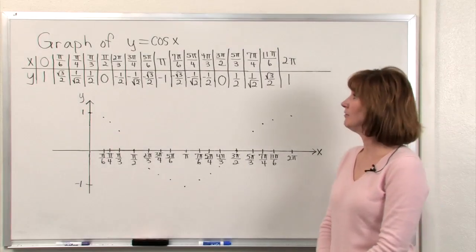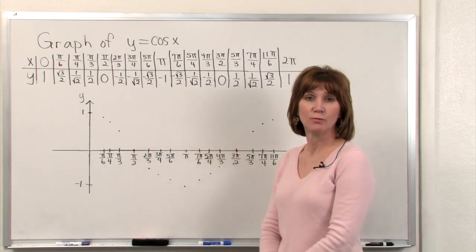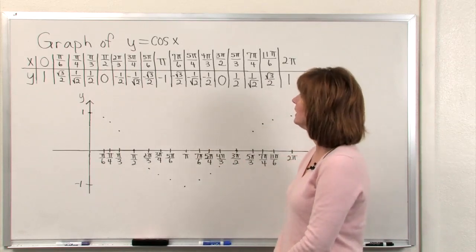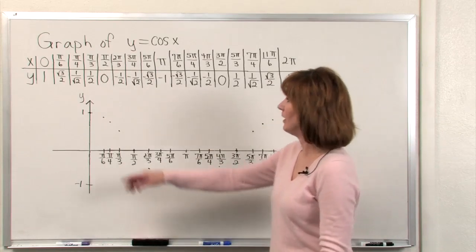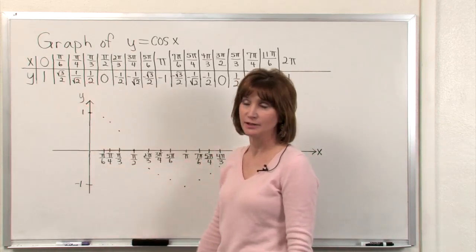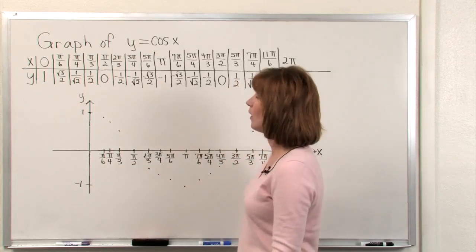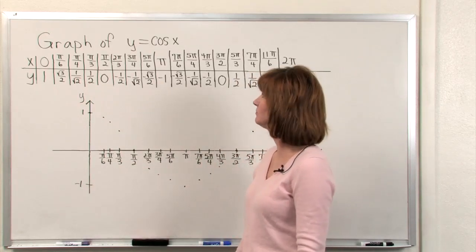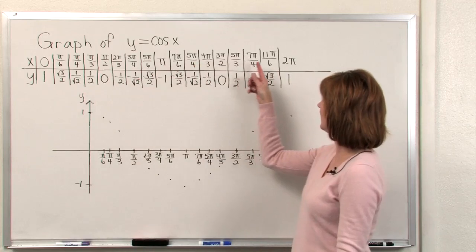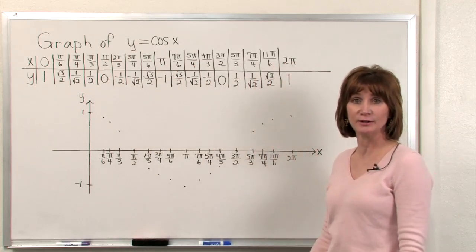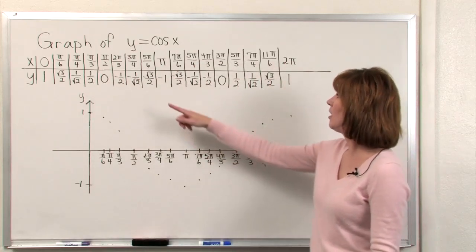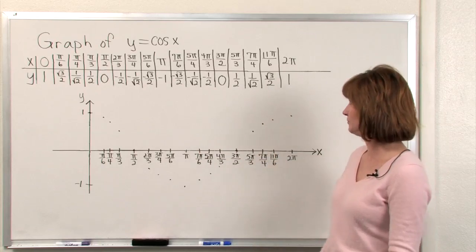Let's explore the graph of the cosine function y equals cosine x. Here I've made a table of values where x is the angle in standard position in radians and y is the value of the cosine function. Notice that all the angles in my table are special angles, so you should be able to get all these values on your own.